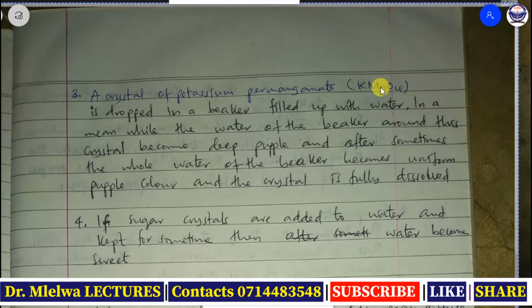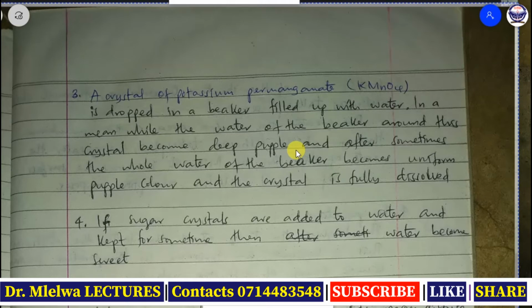Now why does all of the water change its color to purple? When you drop the crystal at one point, it is because of the diffusion of particles of potassium permanganate in water. That means they diffuse from the point where the crystal was dropped to all over the beaker, all over the litre or container in which you put the water. So the crystal is dropped in a beaker filled with water. In the meantime, the water around the crystal becomes deep purple.